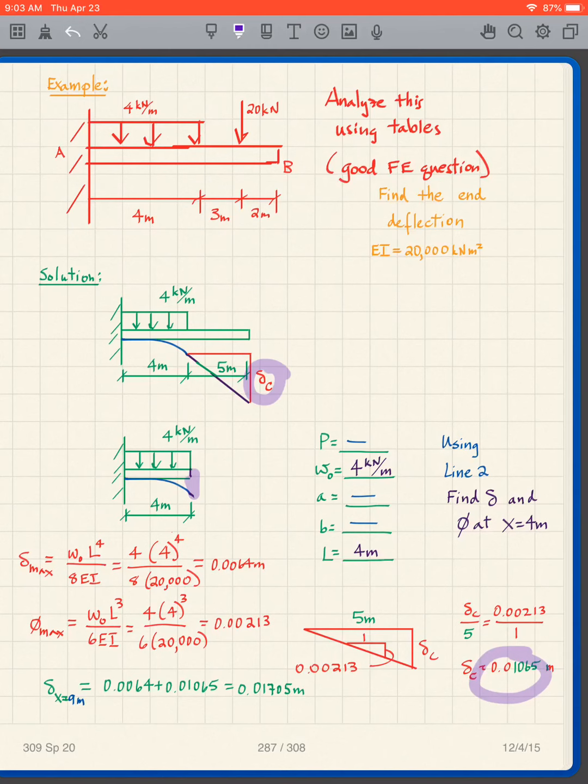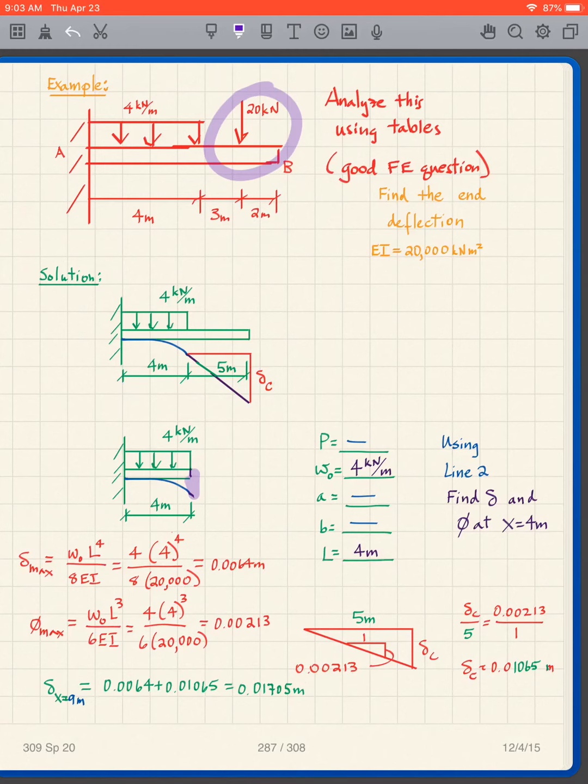We add those two together, and we get that value for the delta C caused by the uniformly distributed load.